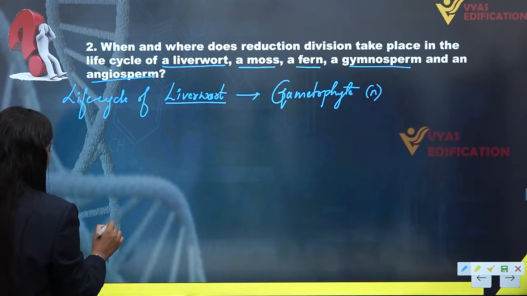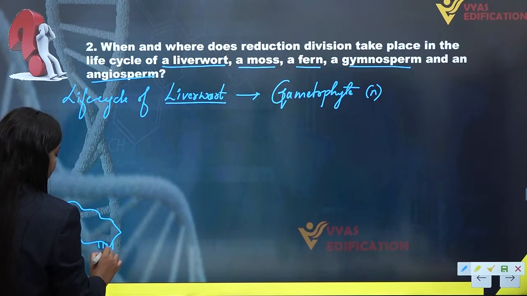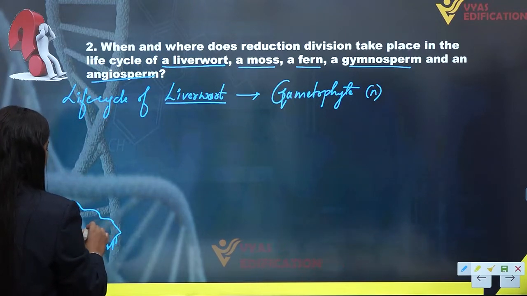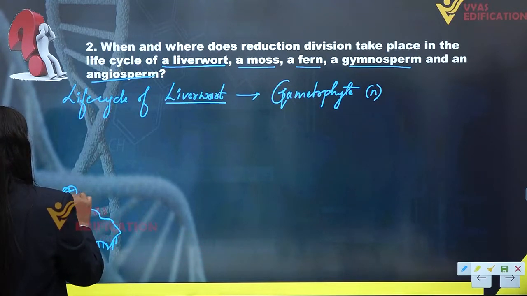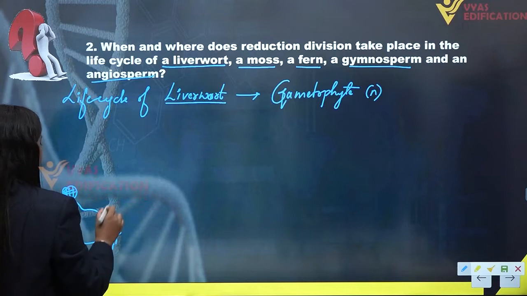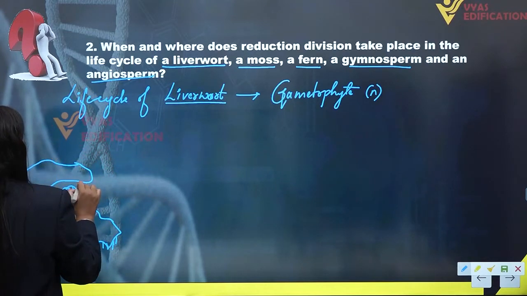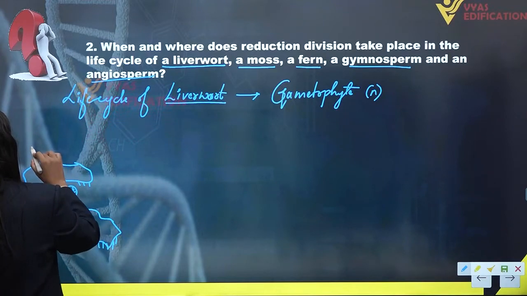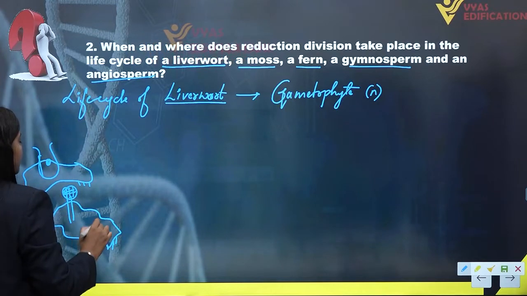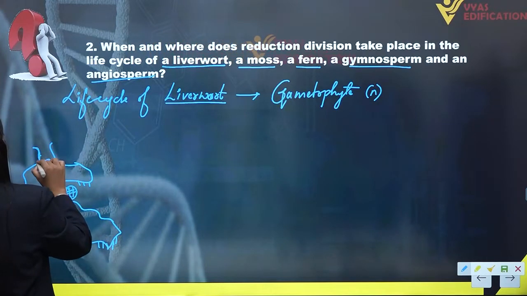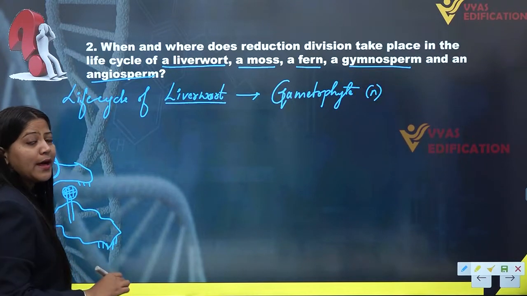So I am going to make a thalloid body over here, which has root-like structures, that is rhizoids, and this is a male gametophyte containing antheridium. Now another one we have is the female gametophyte, containing the female sex organ called archegonium.